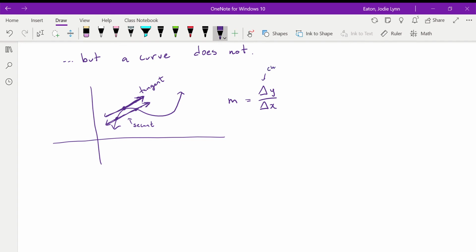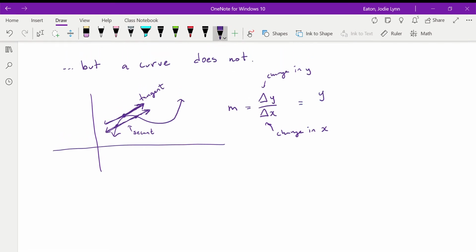So the change in y over change in x, and change is positive or negative. The other way you may have seen it written is y2 minus y1 over x2 minus x1. We're taking the difference between the y's and the difference between the x's.